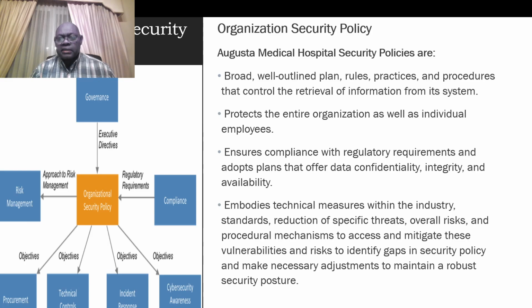It embodies technical measures within the industry standard for reduction of specific threats, overall risk, and procedural mechanisms to assess and mitigate these vulnerabilities and risks, to identify gaps in security policy and make necessary adjustments to maintain a robust security posture.